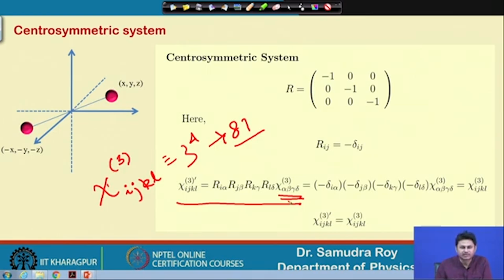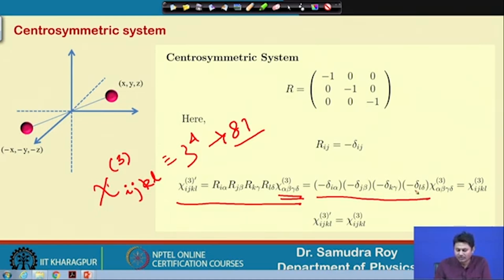This will be summed over, and exactly in the previous way, we can do the same treatment here. I just replace R_i alpha, R_j beta, R_k gamma and R_l delta with the matrix form, which is minus 1, minus 1, minus 1 and minus 1 in all the cases.